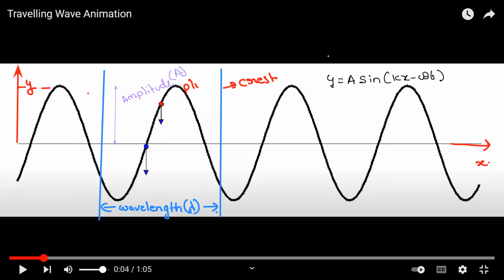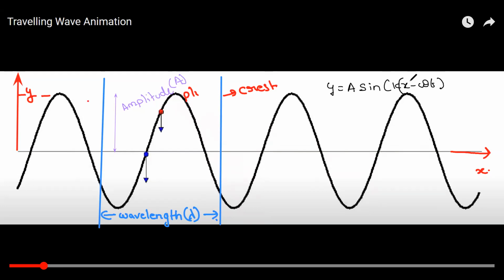So here you have to remember two things. Since I have x here, that means wave is propagating in x direction. If I have y here, that means amplitude is in y direction.